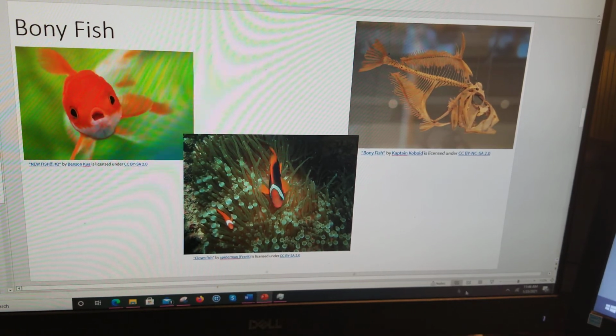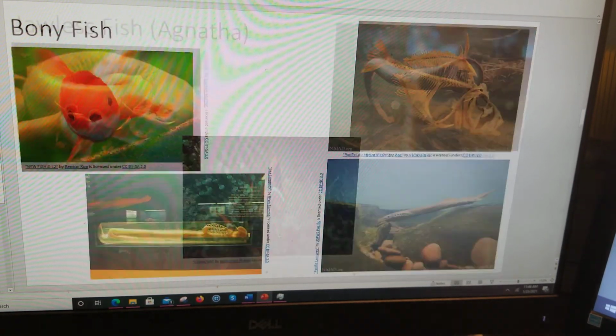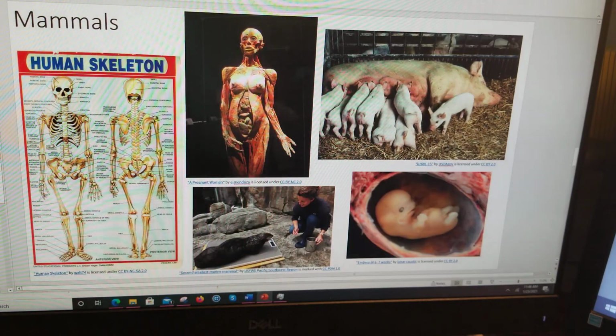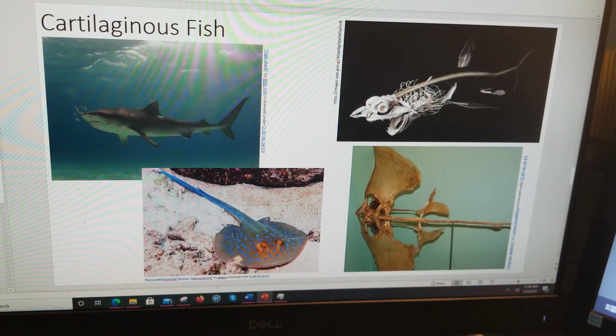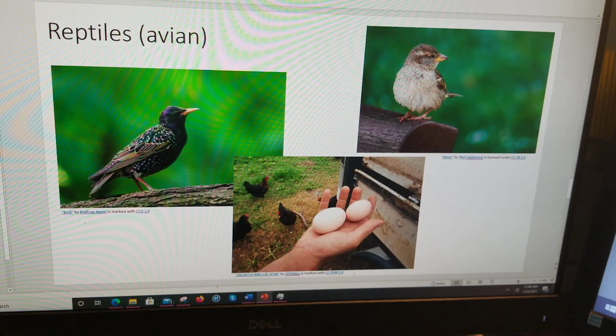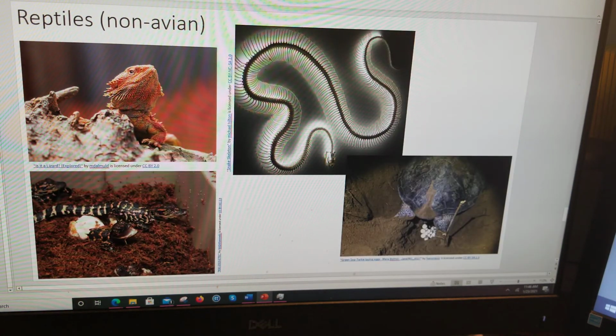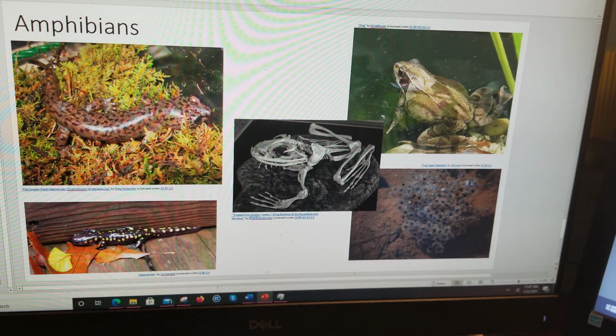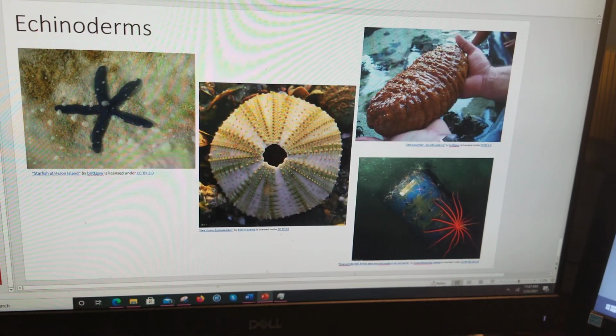You'll be looking at the bony fish, the jawless fish, the mammals, the cartilaginous fish, the avian and non-avian reptiles, as well as the amphibians and your echinoderms.